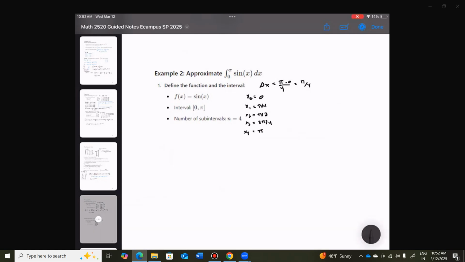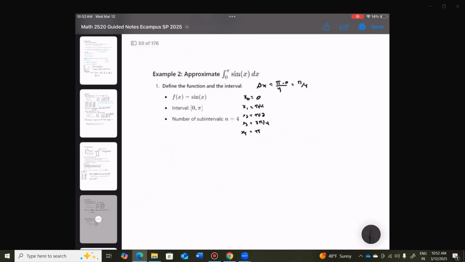Right, and then we find f of x sub 0, which is sine of 0, which is going to be 0. F of x sub 1 is sine of pi over 4, which is square root of 2 over 2.